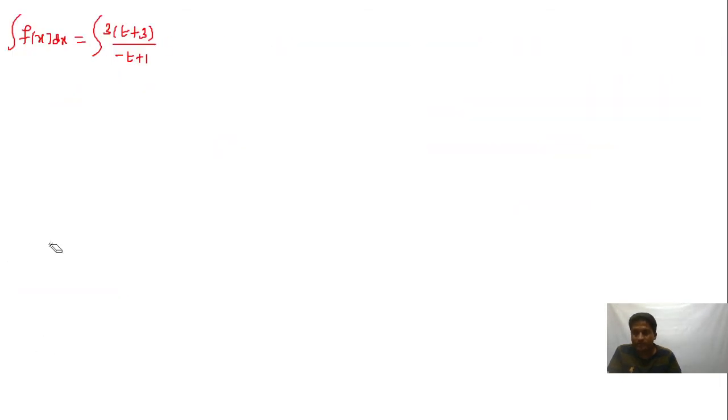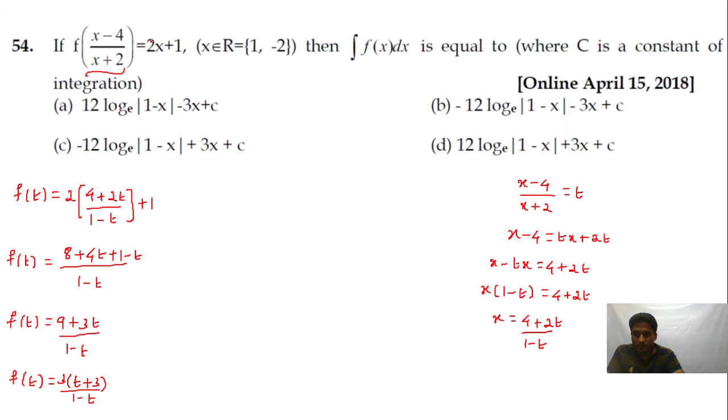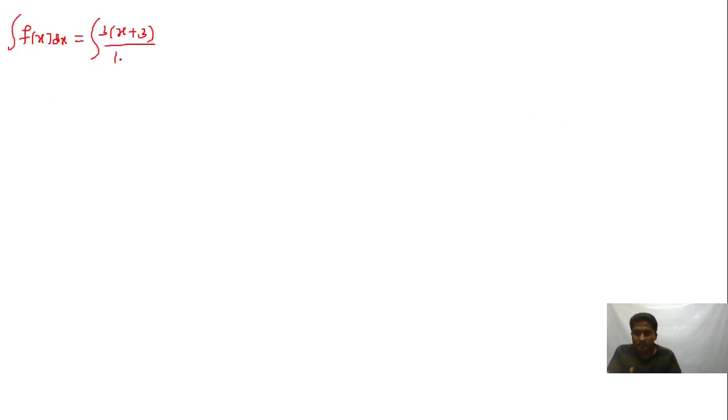This is f of t. So f of x is equal to, just replace t by x. So integration of f of x will be equal to 3 into (x plus 3) divided by (1 minus x).